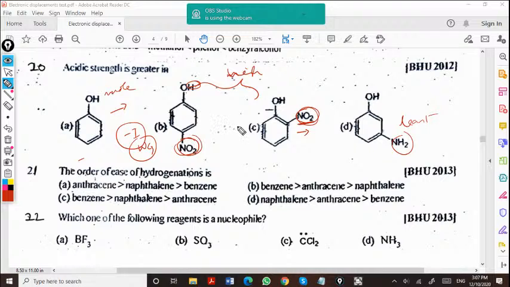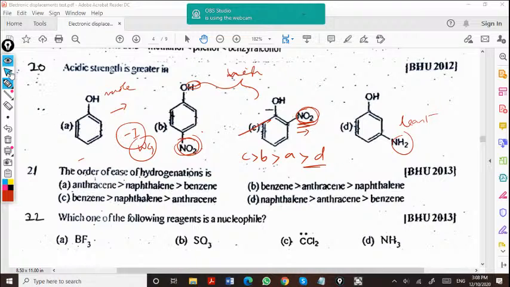If the distance is more, the inductive effect of the nitro will decrease. Mesomerically, ortho and para are the same, but inductively it must be near to the phenoxide ion so that it gets more stability. So orthonitrophenol will be more acidic. Then paranitrophenol, then phenol, then aminophenol.